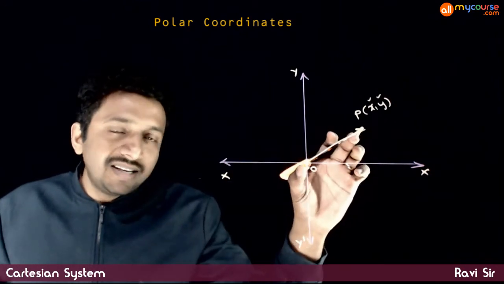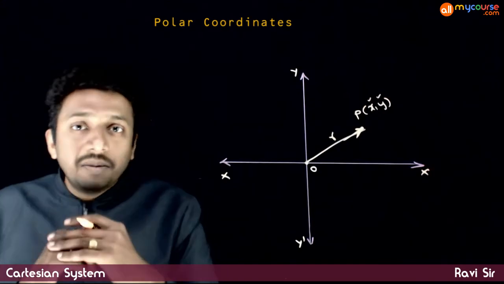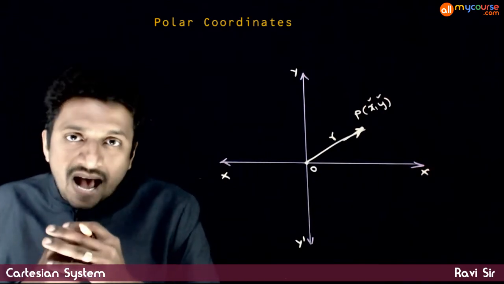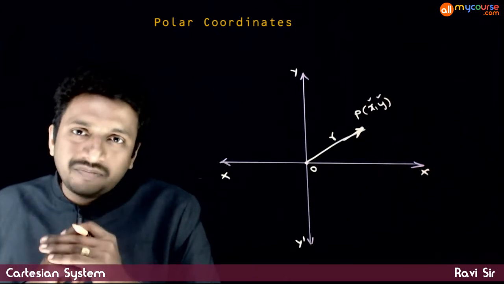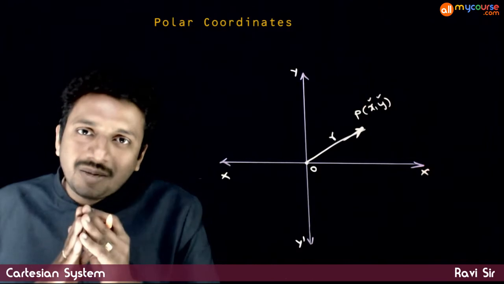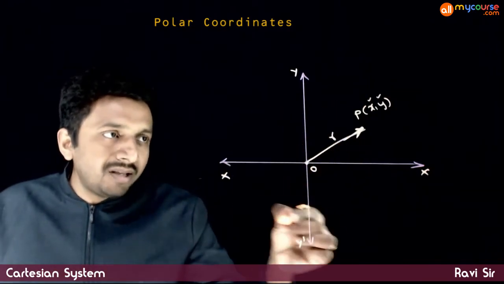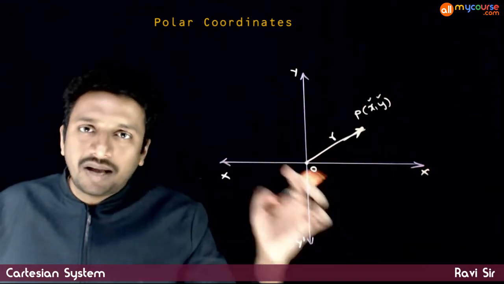Let us say that the distance between O and P is R. That is, P is at a distance of R from origin. That means P has to lie somewhere on a circle with origin as center and radius equal to R.